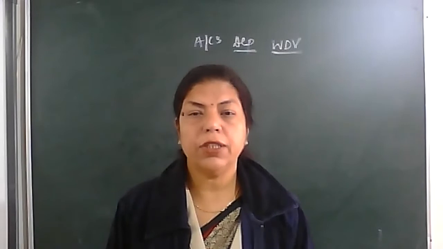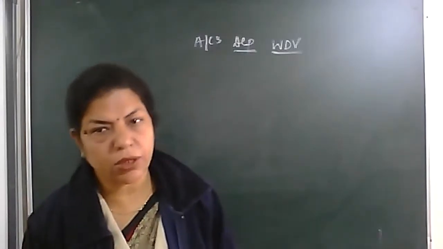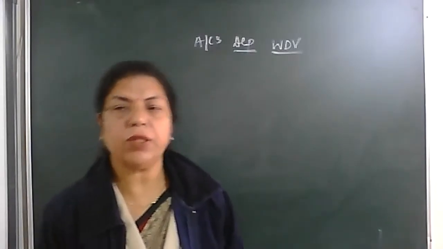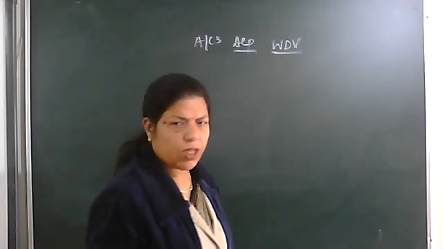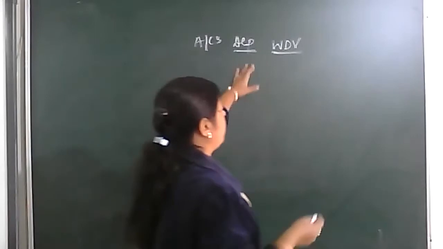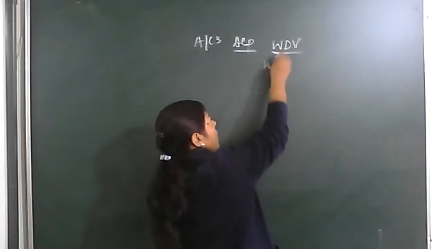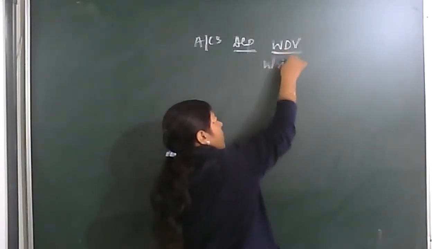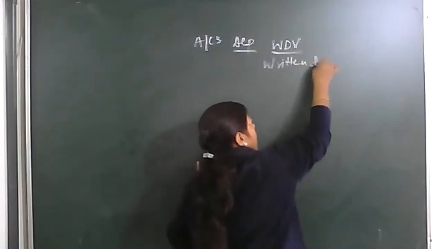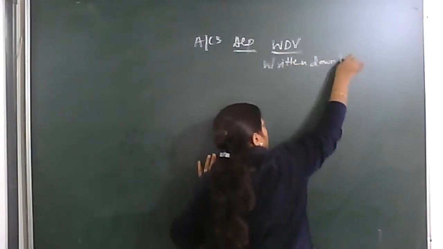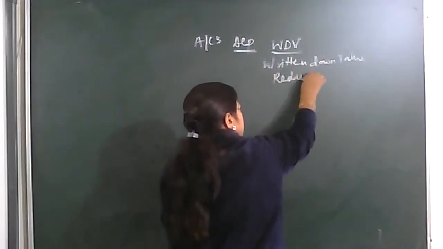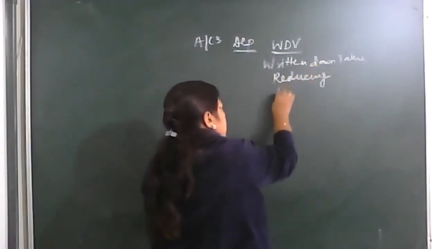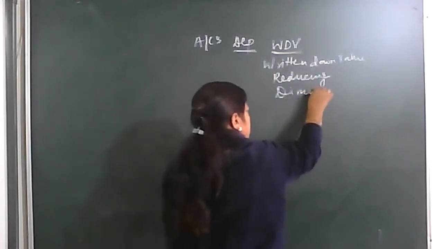Today I am going to start the next method, the second method, which is known as WDV, written down value method. It has various names: reducing balance method, diminishing method.